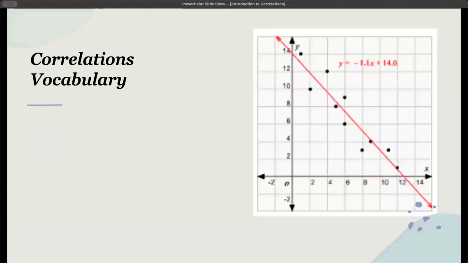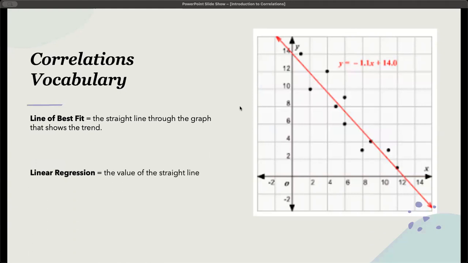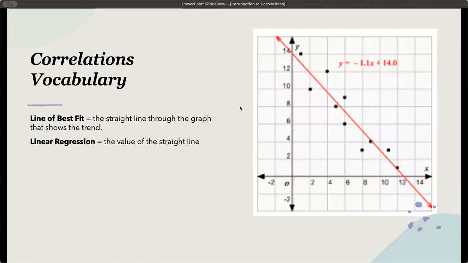So if we go up to the red line here, it's going to be somewhere close to that. Okay, so if we look at the line of best fit, that would be this straight red line through the graph. And that's going to show the trend of the correlation. Linear regression is the value of the straight line. Residuals, this is the vertical distance between each point and the trend line.